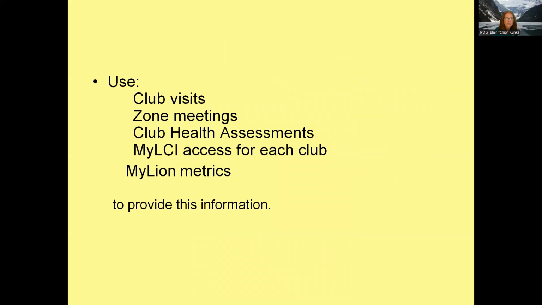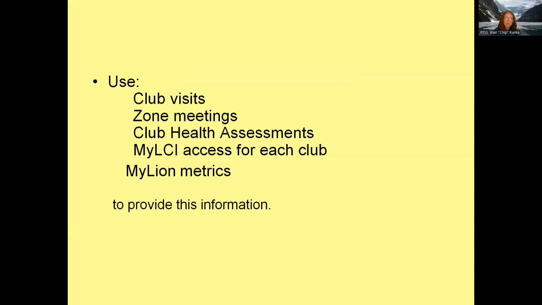Now, where do you get the information? Club visits? Yes. Zone meetings? Yes. And very, very important, the club health assessments. You will be receiving this via email, and the club health assessment from LCI gives some very specific information, such as membership change, gain or loss, such as continuity of officers, which is not always a positive thing.